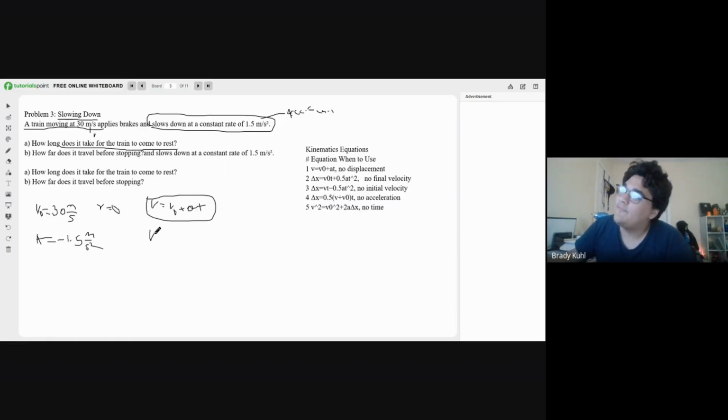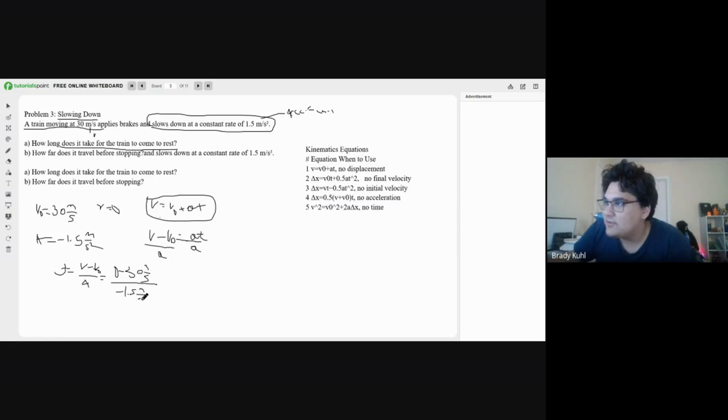So first thing I'm gonna do is my personal favorite, algebra: subtract VO from both sides, which will equal A times T. And then you divide both sides by A. And now you get T equals V minus VO over A, which is 0 minus 30 meters per second divided by negative 1.5 meters per second squared.